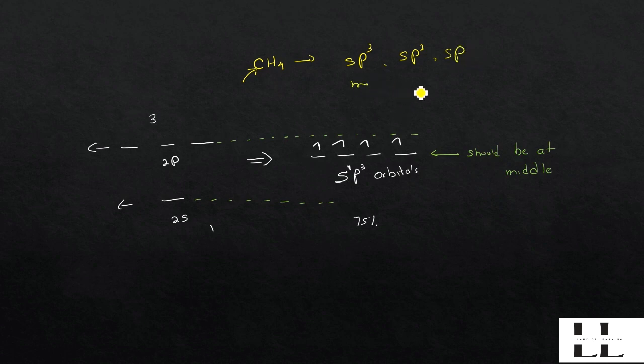These three are the most common hybridizations we meet in organic chemistry. I hope you get the idea. In sp2, the hybridization forms with 2 p orbitals and 1 s orbital. In sp, we have 1 s orbital and 1 p orbital to form the hybridization.